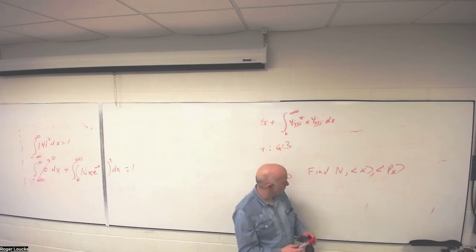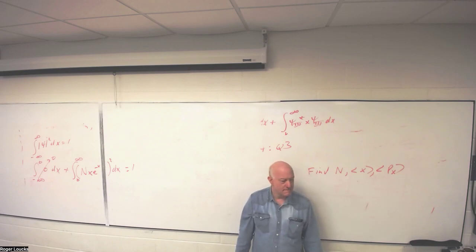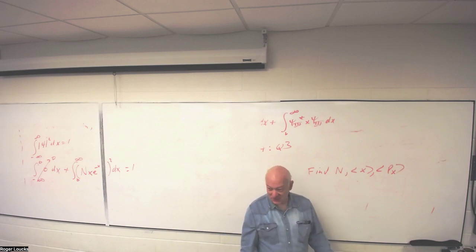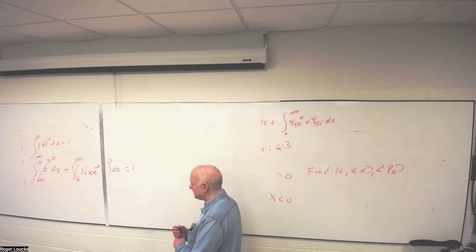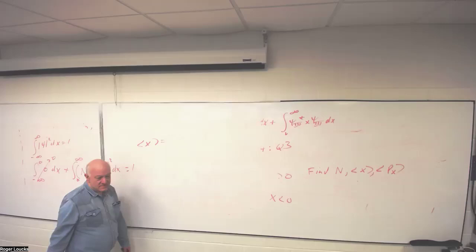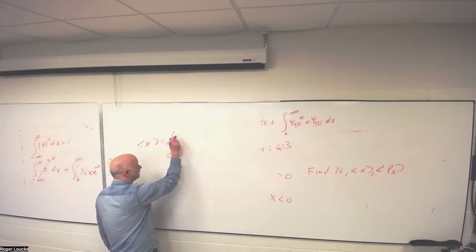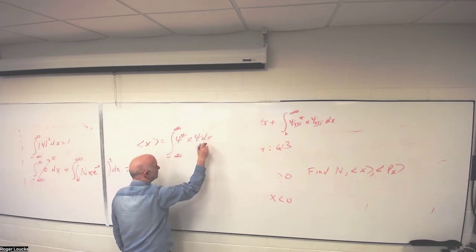Okay, so that's what you do there. Now, what would you then do with these guys here? How do you find x? These are expectation values. Is there a way of finding expectation values of a quantity? This is going to have to be the integral from minus infinity to infinity of psi star x psi dx.